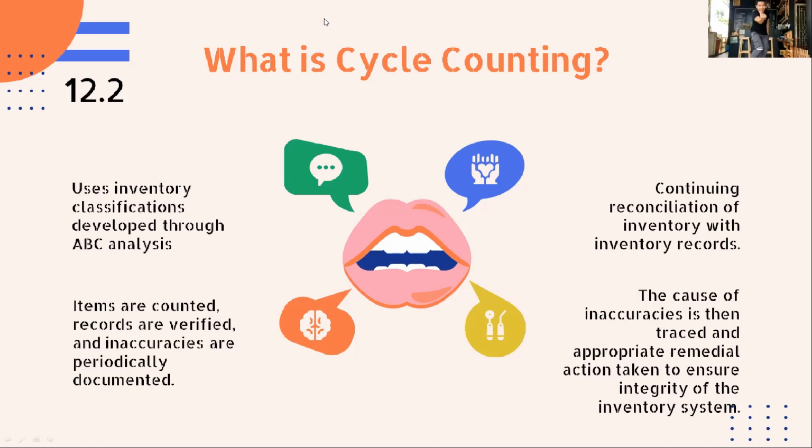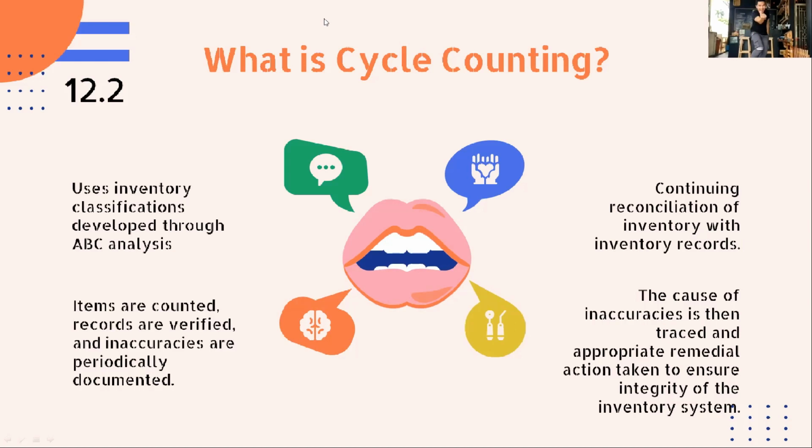With cycle counting procedures, items are counted, records are verified, and inaccuracies are periodically documented. The cause of inaccuracies is then traced and appropriate remedial action taken to ensure integrity of the inventory system.